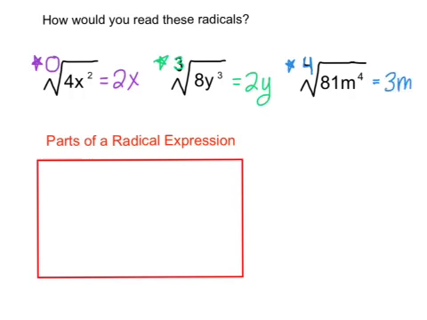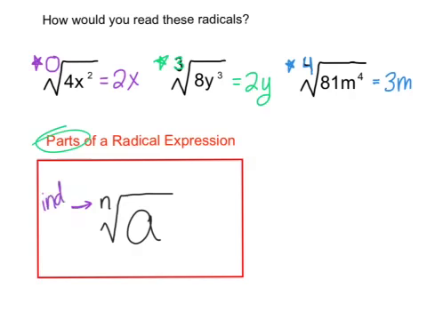So we may know how to read radicals, we may know how to solve radicals, but we need to think about the parts of a radical expression. If we have the nth radical of a, we have different parts here. The n is our index.